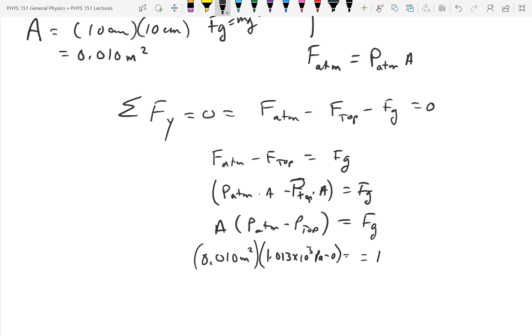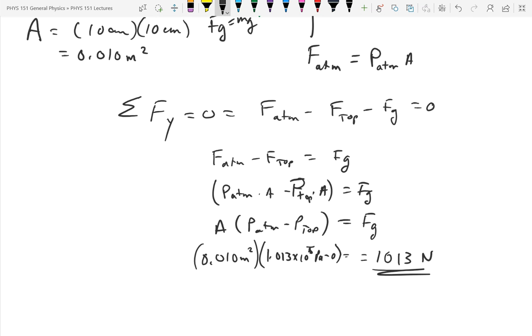And that's going to be 1,013 newtons. I could lift something that has a weight of 1,000 newtons with this suction cup if it seals perfectly, and if it's 10 centimeters on a side. I didn't measure it, so that's just an approximation. I think it's about right. So, of course, Corso couldn't pull it off. That's a huge amount of force.